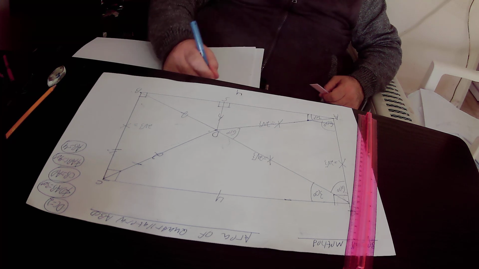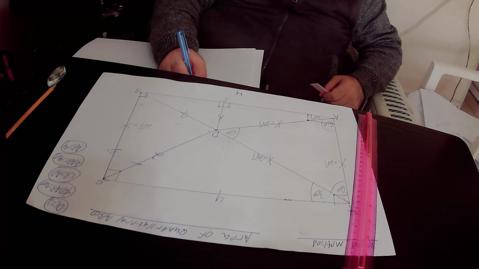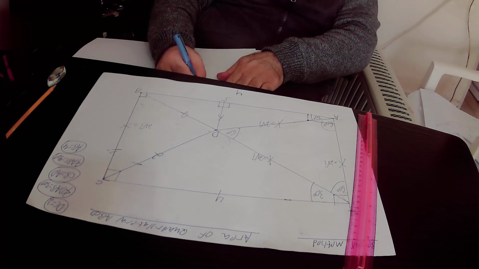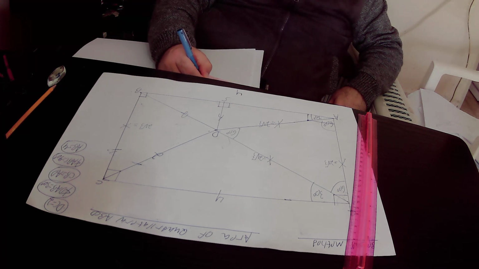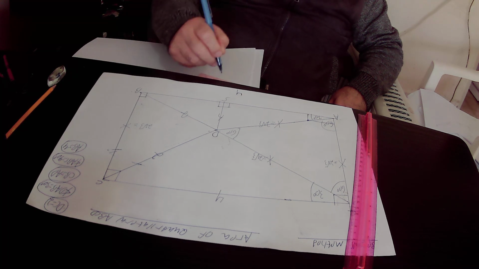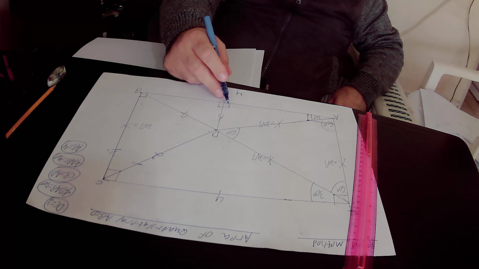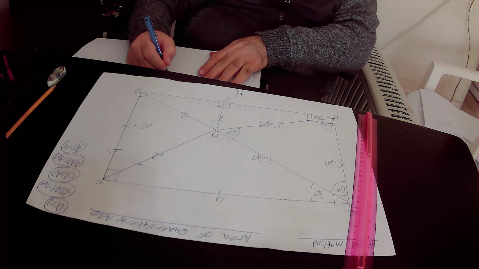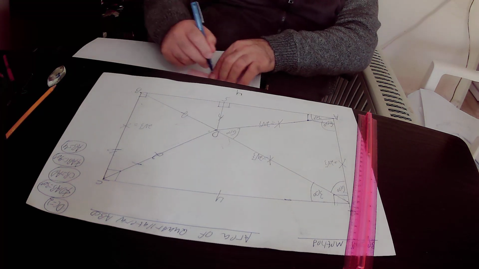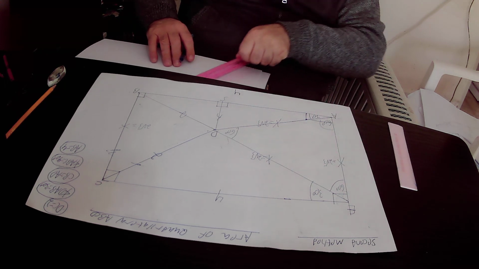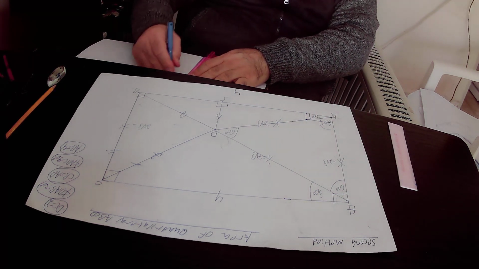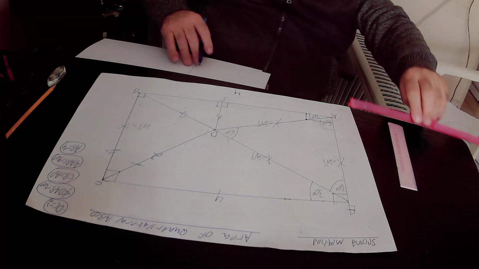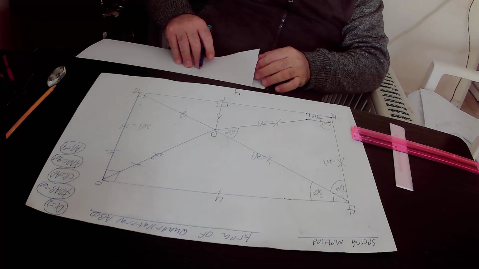Here, in triangle ADS, sine 30 degrees equals H over 2 times square root of 3. I'll repeat again.